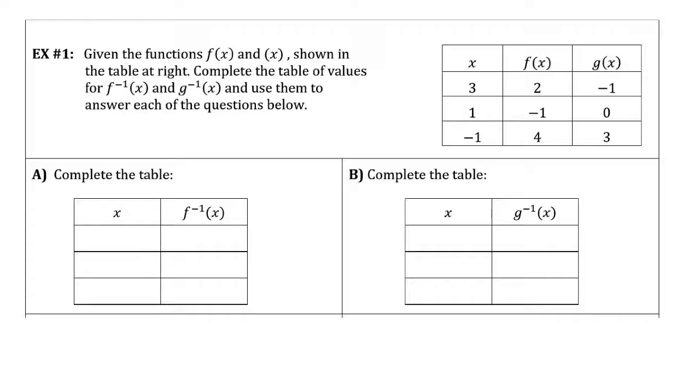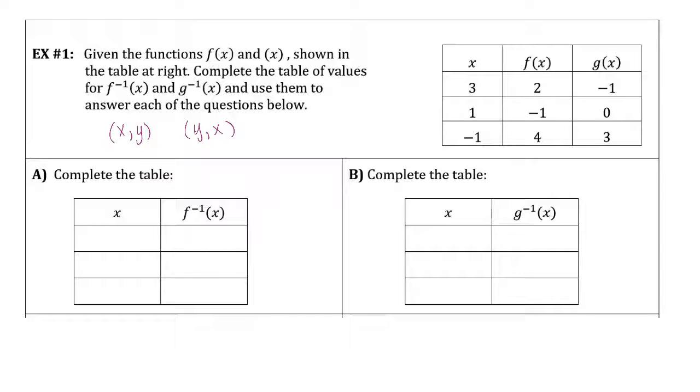So for our first example, we're going to look at just what happens physically to the points if you're talking about your inverse. And do remember, if you have the ordered pair x comma y for the function f, then for f inverse you have the ordered pair y comma x.